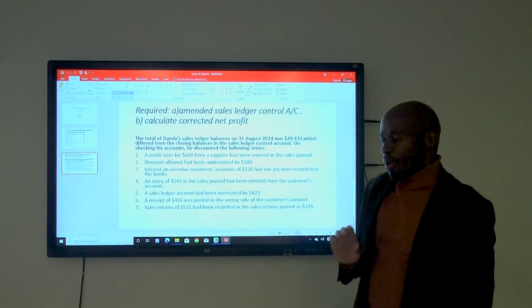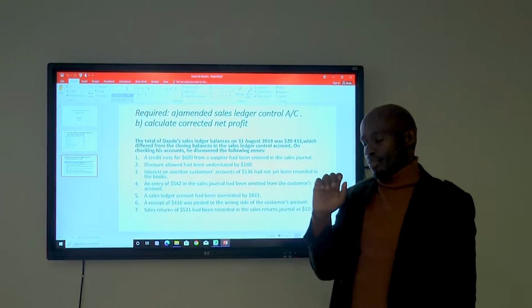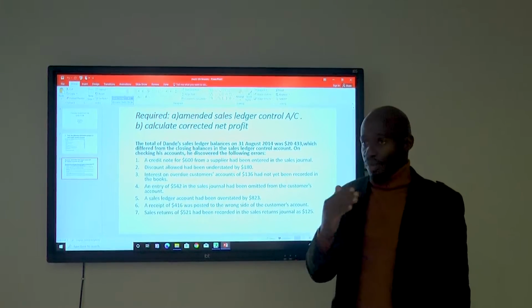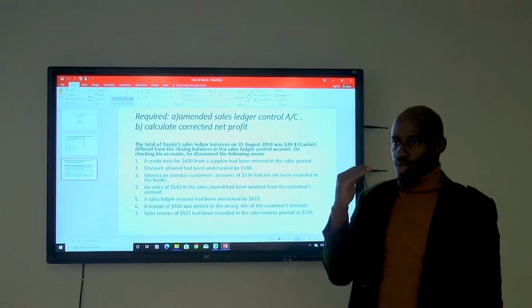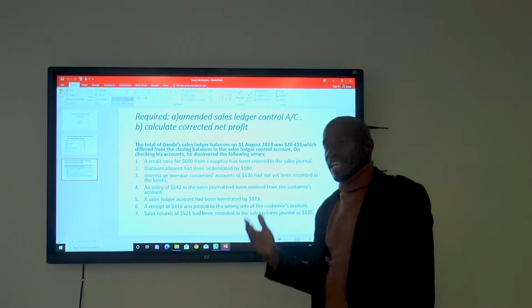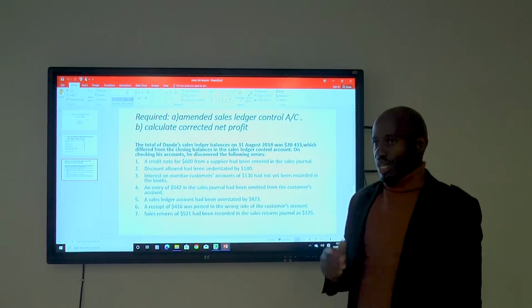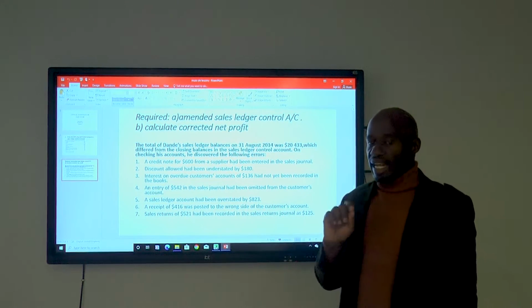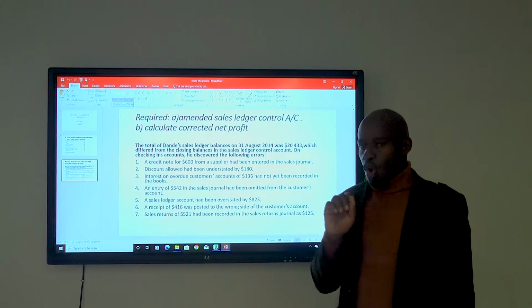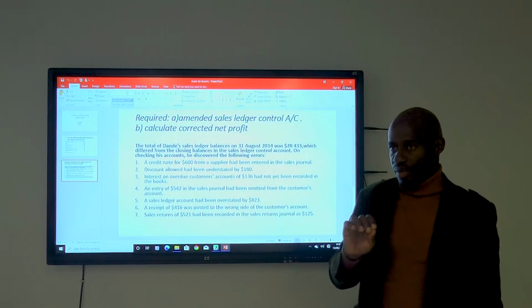Right. Before we do that, there are key notes that we need to remember. How do we know which ledger is affected by the error? Now, it is imperative that as an A-level accounting learner, you know which error affects which ledger. Right.